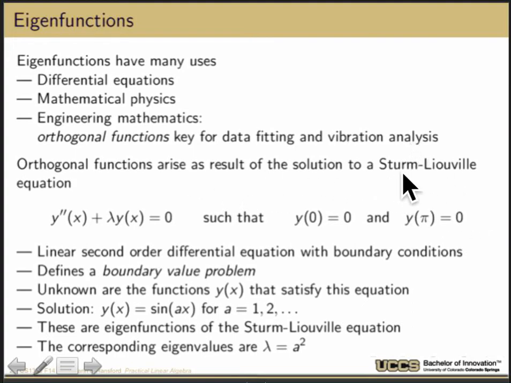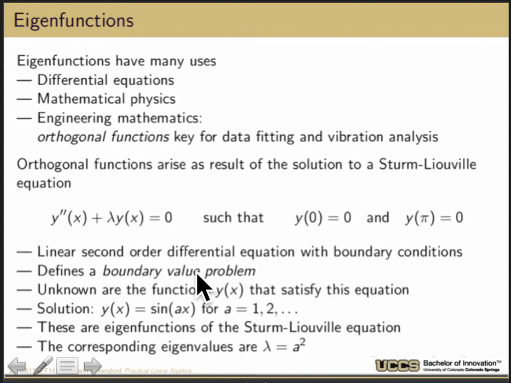And they actually arise out of the Sturm-Liouville equation, the second derivative of y with respect to x, plus lambda times y of x equals 0, where we want to have an initial condition that it starts at 0, and then at the end, at pi, it has to equal 0. So this is sort of like a periodicity equation. And that leads to all kinds of vibrational analysis, stable modes of vibration and stuff. It's also used a lot for second-order differential equations with boundary conditions.